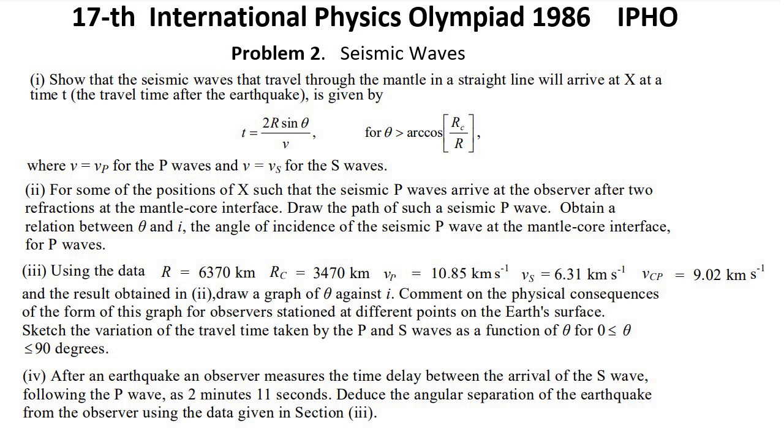Show that the seismic waves that travel through the mantle in a straight line will arrive at X at a time t. The travel time after the earthquake is given by t equals 2R sine theta over v, where theta is greater than arccosine Rc over R, where v equals Vp for the P waves and v equals Vs for the S waves. Question 2.